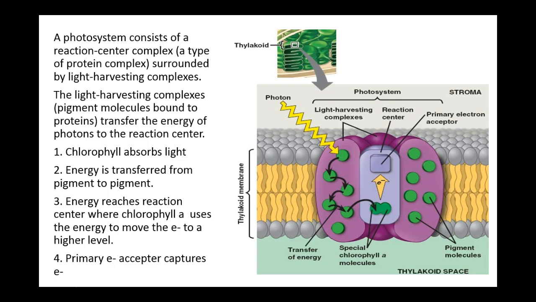You can think of the primary electron acceptor as being like NADP, capturing that and then moving it on to the next step. This is all happening in the thylakoid space. You have a membrane there. The outside of the membrane is the stroma, and the inside is the thylakoid space. And all we've gotten to is this primary electron acceptor in this particular step.